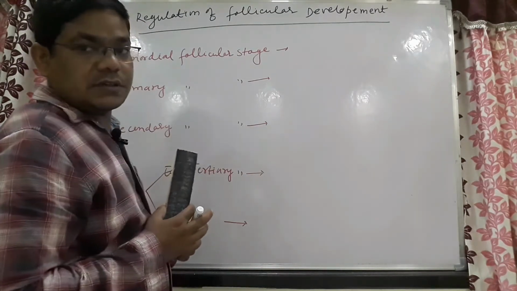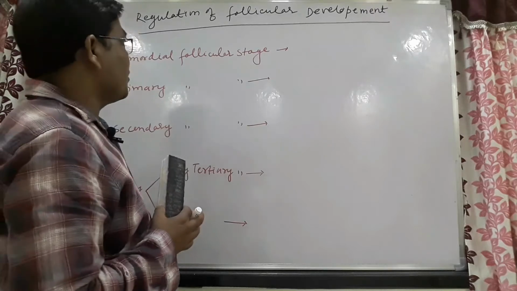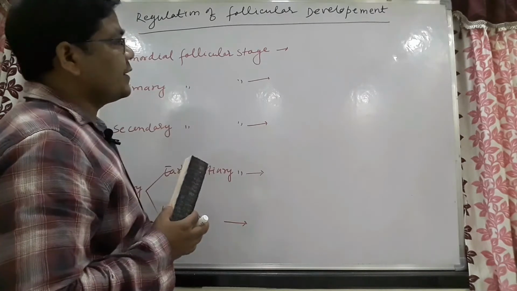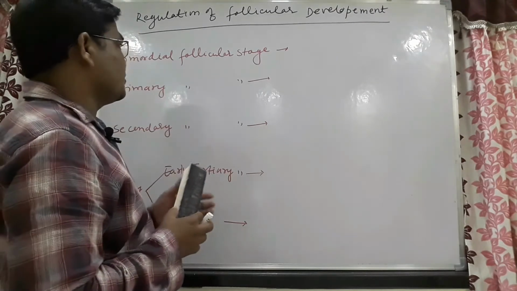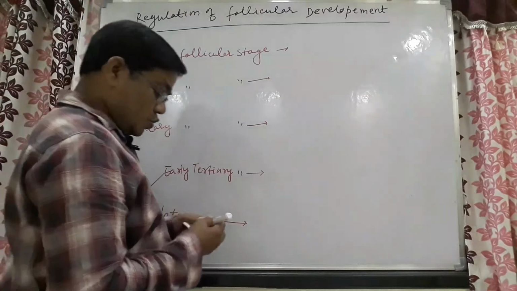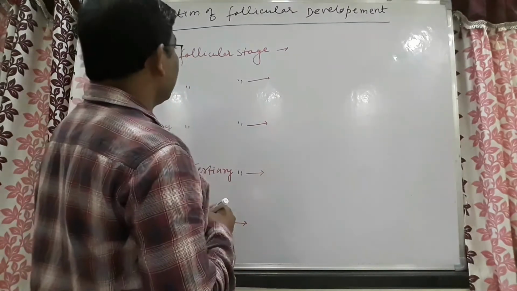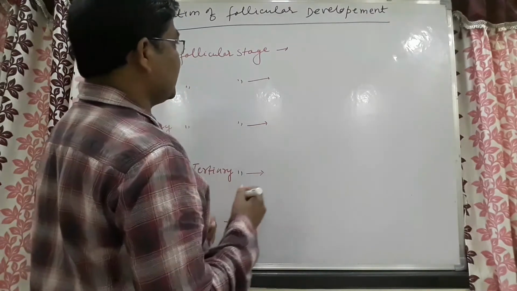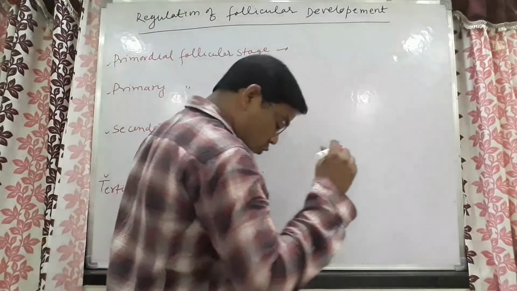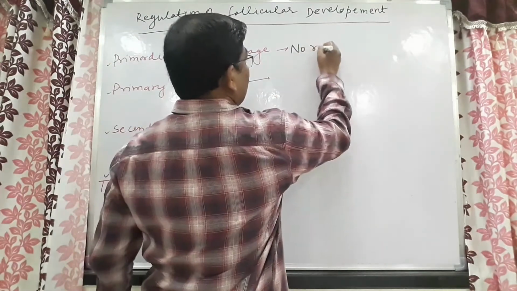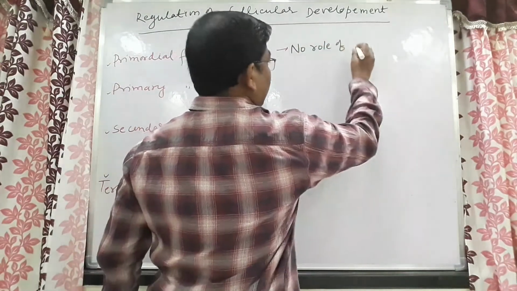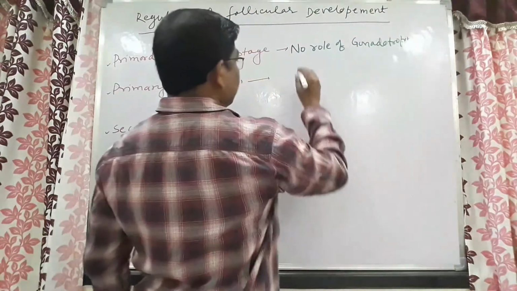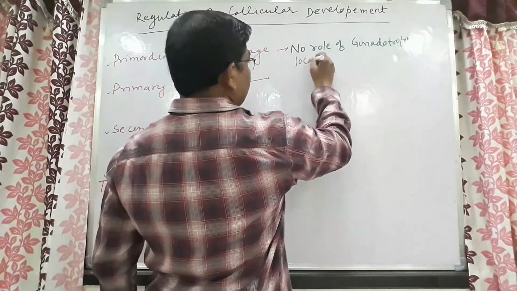We have discussed the stages and different characteristics previously. In the primordial follicular stage, the regulation here is completely local, no role of gonadotropin. It is purely a local phenomenon.